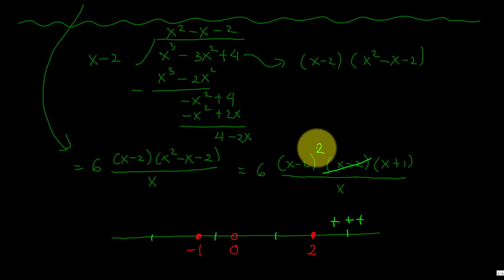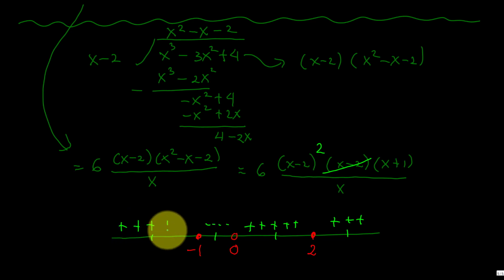This one is always non-negative. So when x is less than 2, this is positive, and this is also positive, so it is still positive. Between negative 1 and 0, it's going to be negative. And here it's going to be positive.